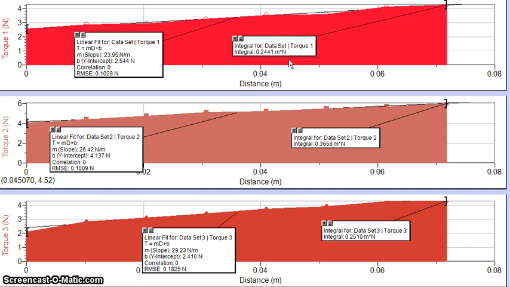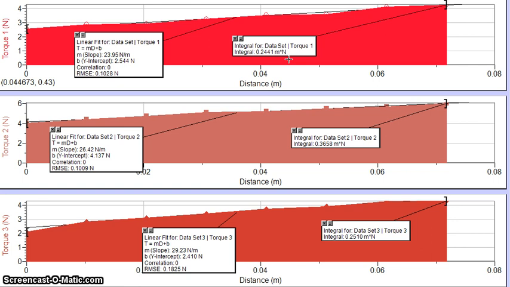Now I'm going to multiply 0.185 times each of our slopes, because the equation for torque is the slope, which is 23.95 newtons times meters, times the arc length, which is in meters. So the meters cancel out and we're left in newtons.